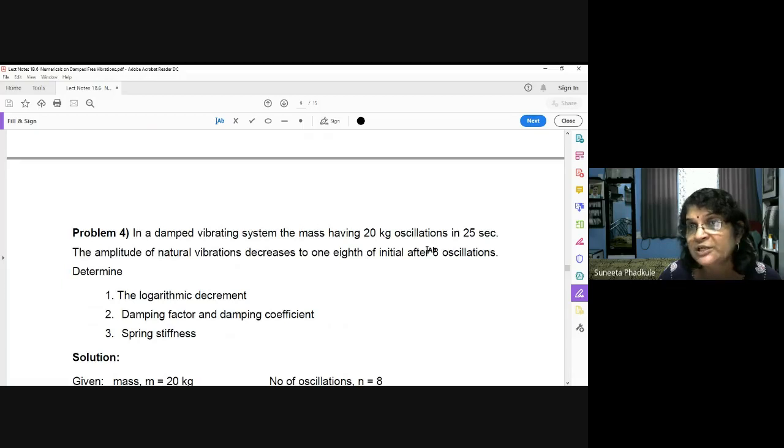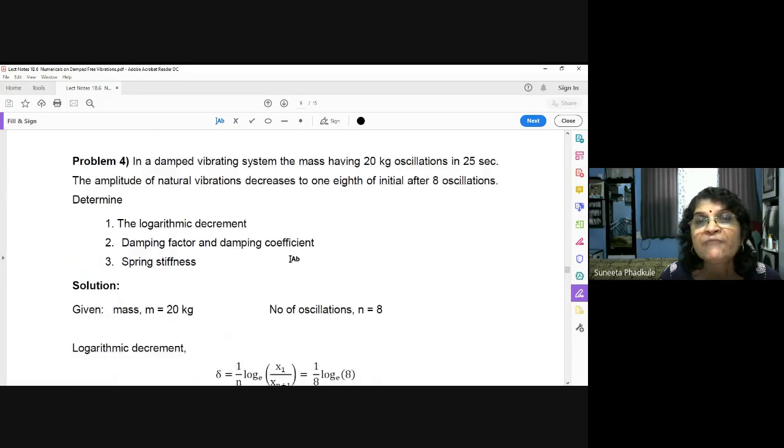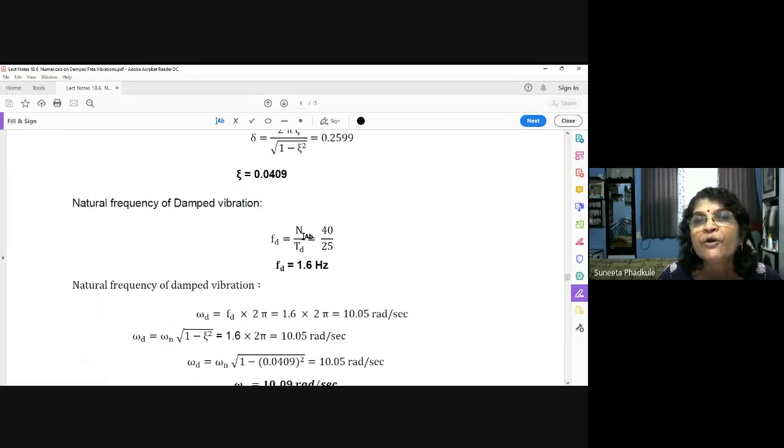So 40 number of oscillations are taking place in 25 seconds. If I want to find out time period T, it is 25 upon 40. And if I want to find out fd, it will be 40 upon 25. So fd is equal to 1.6 hertz.